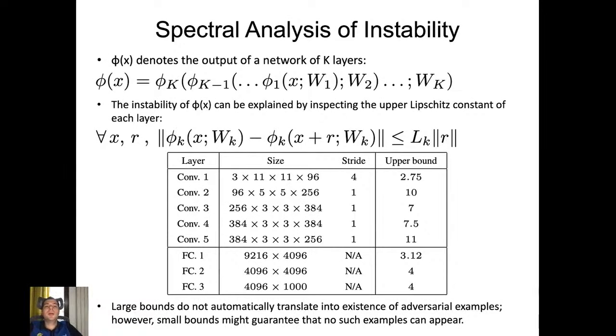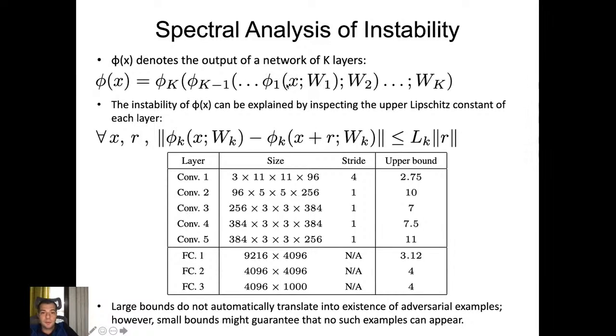Okay, and they also make this analysis regarding the instability of the model, and what they do is they look at the Lipschitz constants for every layer. So here we have the model phi, which can be seen as a composition of the functions phi k, where k is the number of layers of the network.